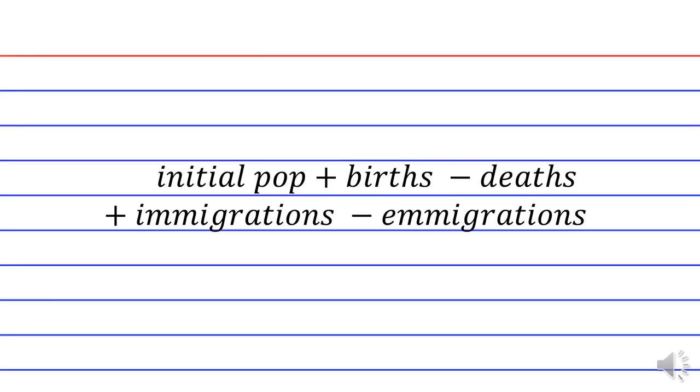The current population is going to be the initial population plus births minus deaths plus immigrations and minus emigrations. Okay, so just take that in for a moment.